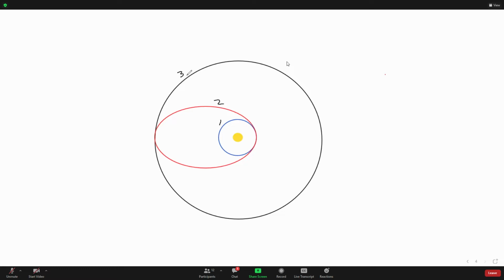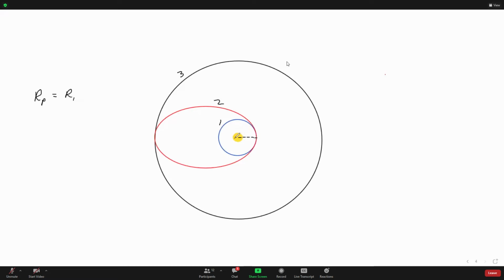Okay, well, what do we know? Well, we know that the radius of orbit number 2 at perigee is equal to the radius of the Earth's orbit.